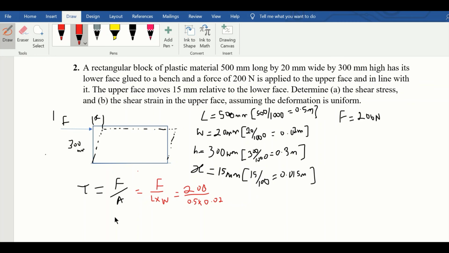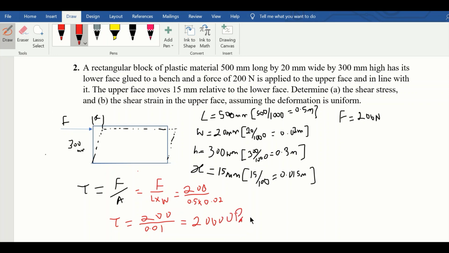So therefore my shear stress is equal to 200 divided by 0.5 times 0.02, which will give us 0.01. All right, so 200 divided by 0.01 will give us 20,000 Pascal. 20,000 Pascal.